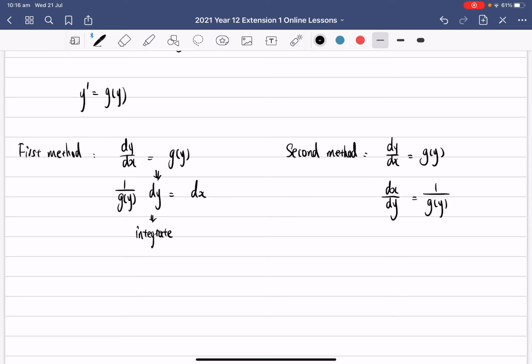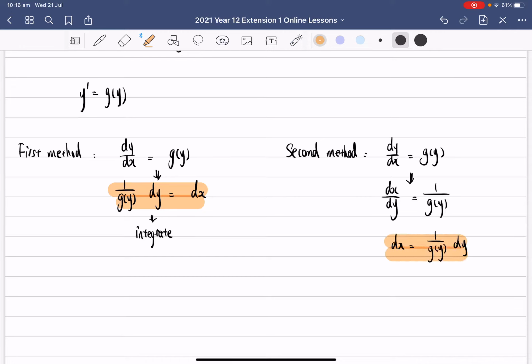I don't see any difference, because the next step I can do is move the dy over to the right hand side. So you end up with dx is equal to 1 over g of y dy, which is the same expression.